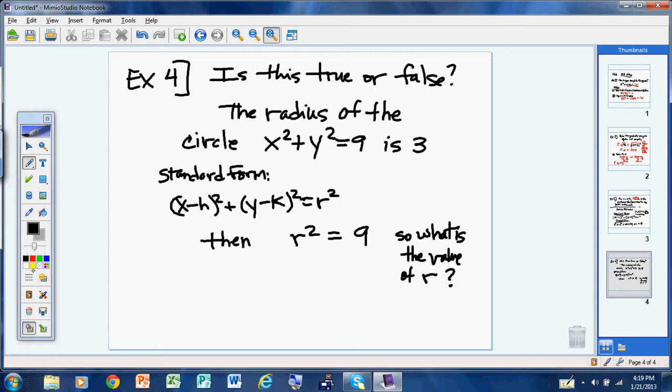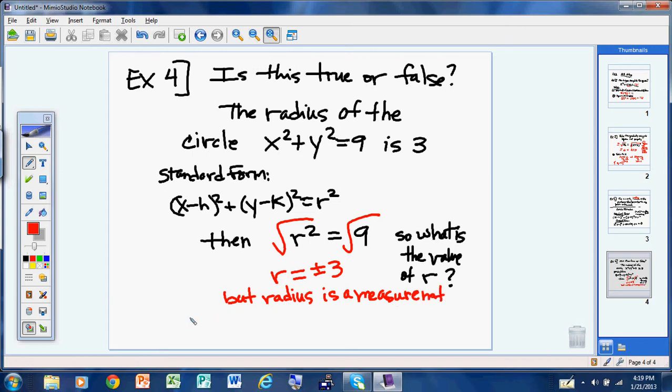Well, let's take the square root of both sides using that square root property. r would equal plus or minus 3, but radius is a measurement, and is only positive 3.